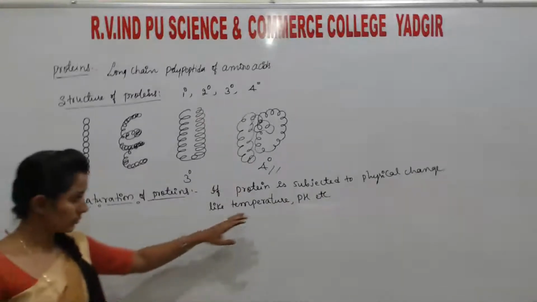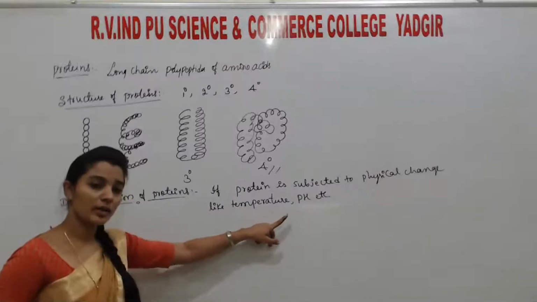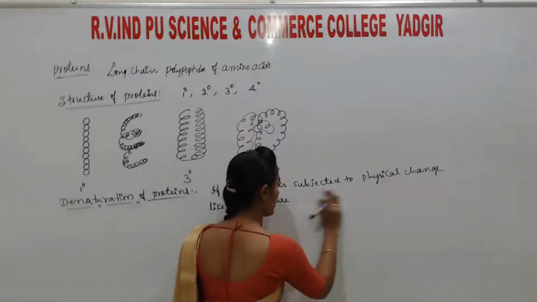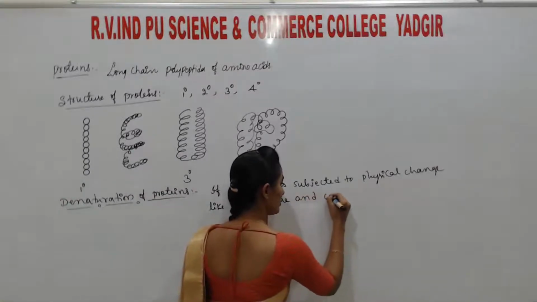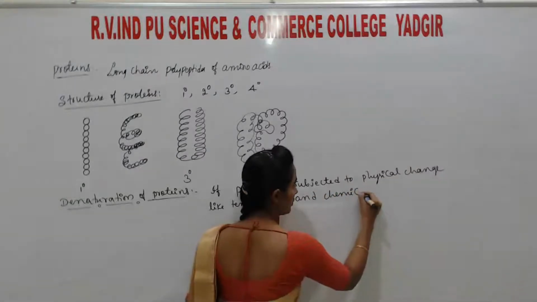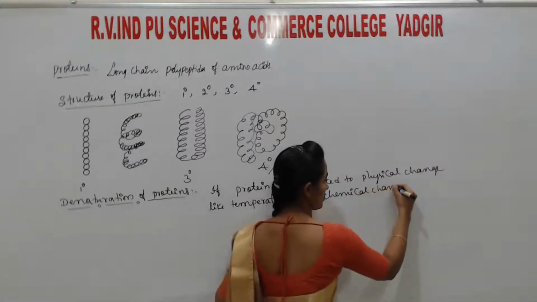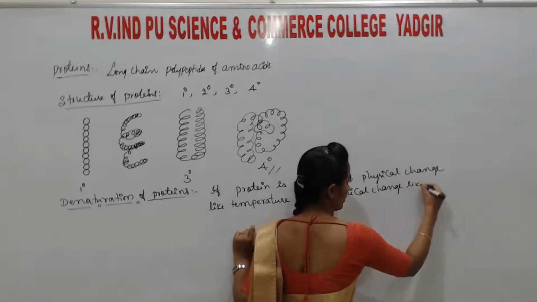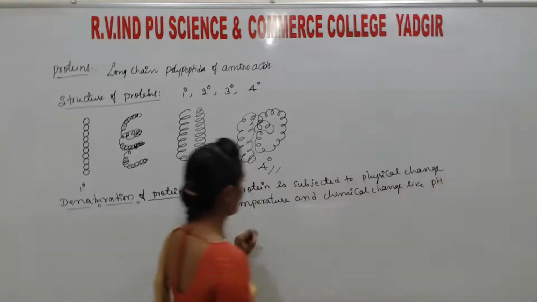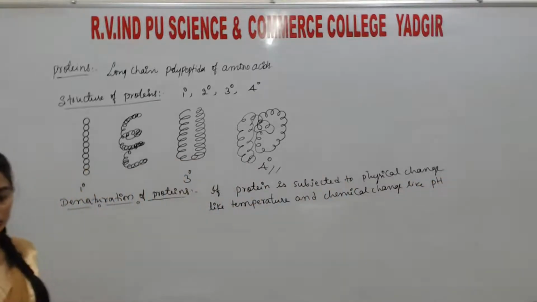Physical change like temperature and also chemical change, like pH, means acid or base.